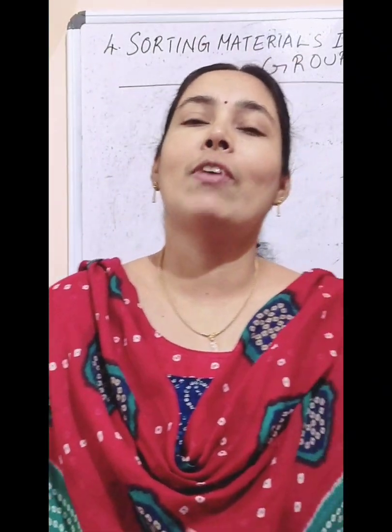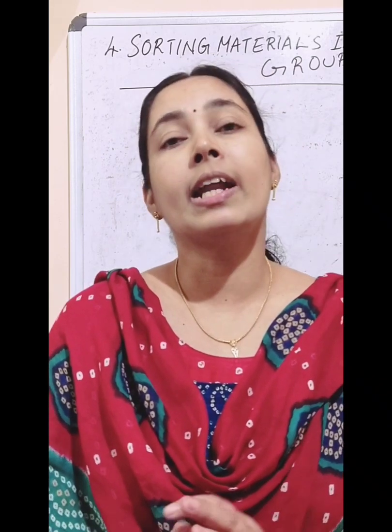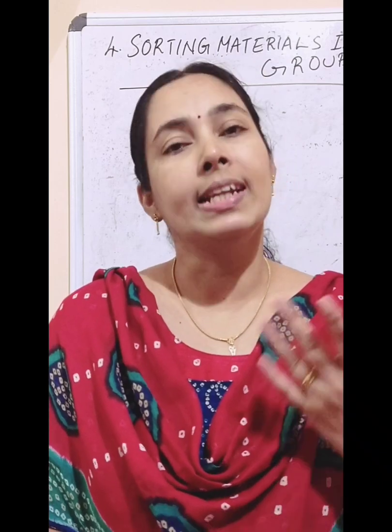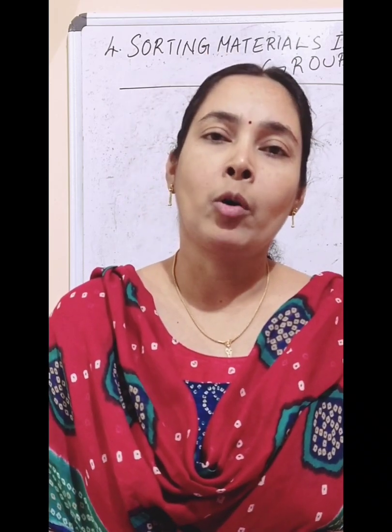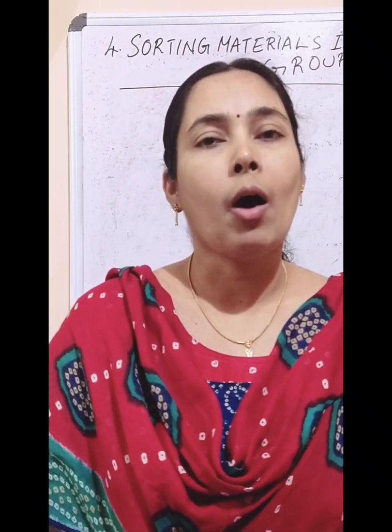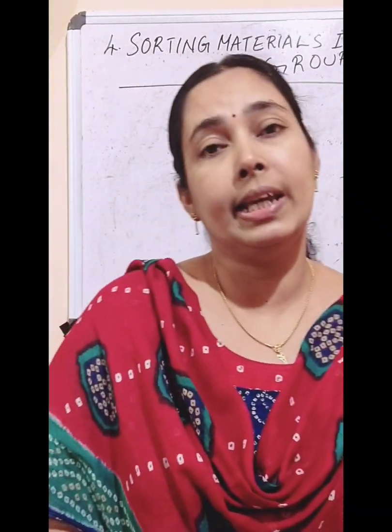Okay, so in first lesson and second lesson, we were studying about food items, and we studied that there are different varieties of food items around us. And in third lesson, we studied about clothes, and we knew that there are different varieties of clothes also. Now, in this lesson, we are going to study about different materials.